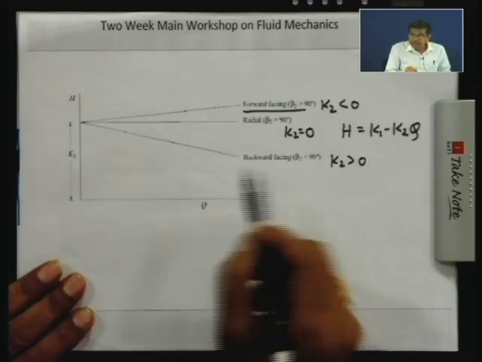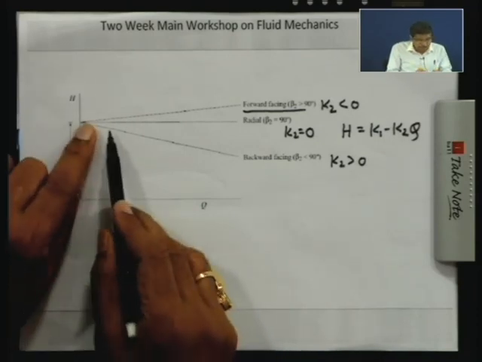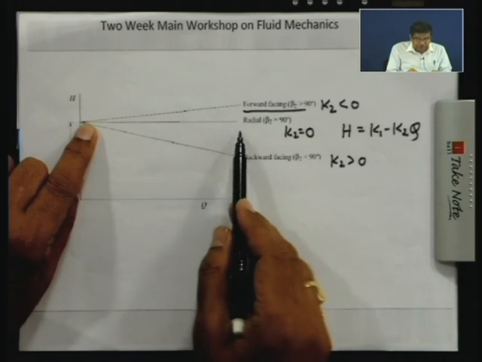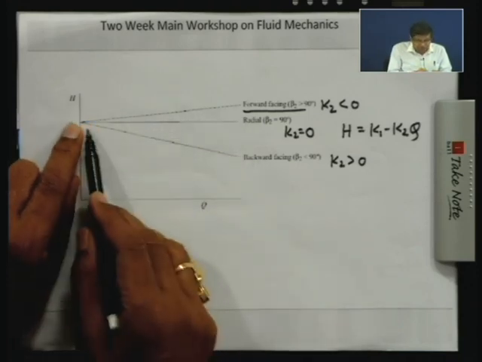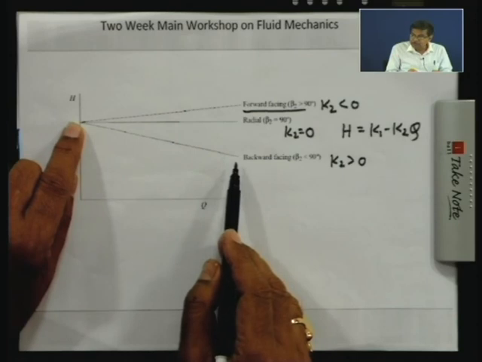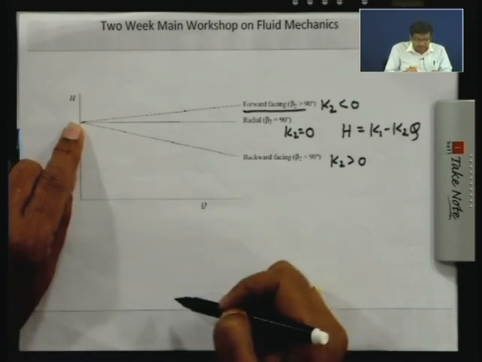So then if we again plot the HQ characteristics with this as the theoretical curve for radial and forward facing vane, and go in the similar way as we did for a backward facing vane, we go on considering the losses, slip, frictional losses, shock losses, then this will come like this.